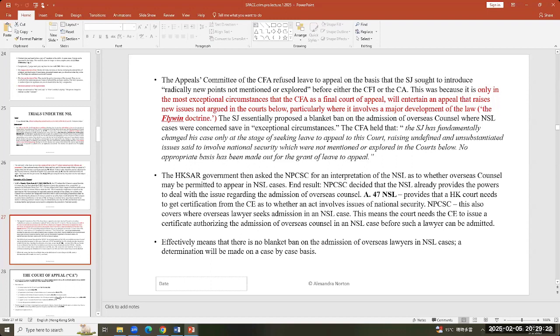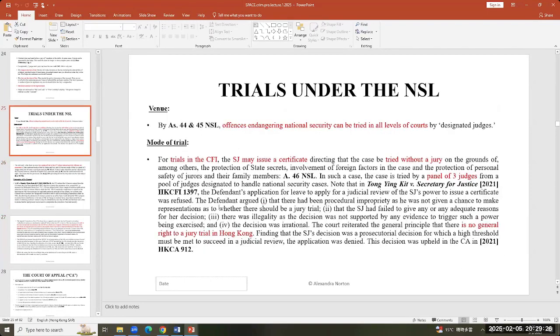The basis on which they justify their decision is that it's appropriate for the safety of the jury members, or that there are matters of great national security that need to be protected. Those are the arguments they make in applying for the certificate, but it is their decision alone. And the defendant cannot object on the basis that the SJ has issued this certificate.